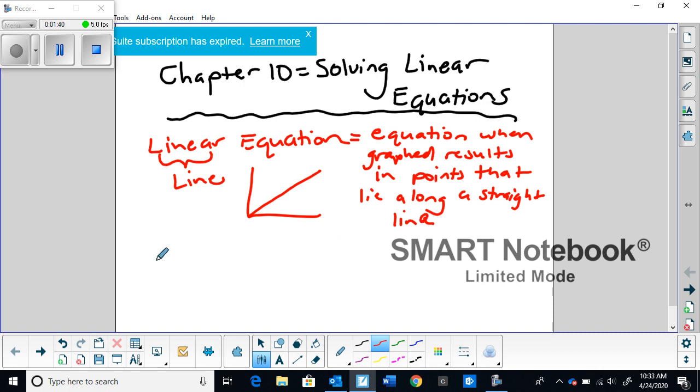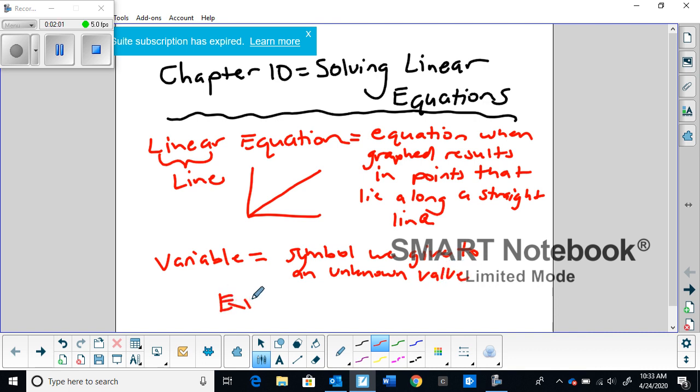Okay, so the next thing that we have to look at and remember is what is a variable? Okay, a variable is a symbol we give to an unknown value. Okay, so for example, a variable could be X, it could be Y, it could be J, it could be R, it could be any sort of letter, okay?